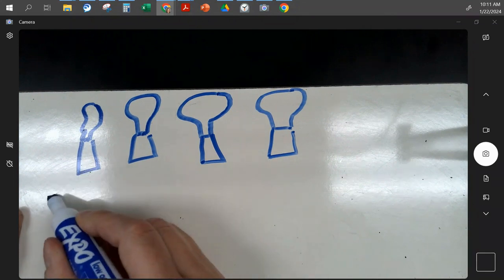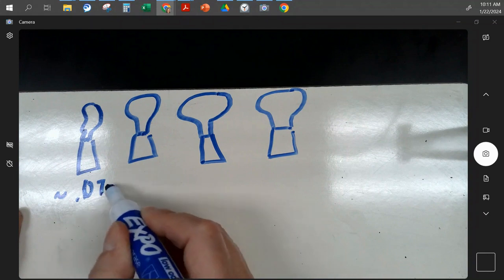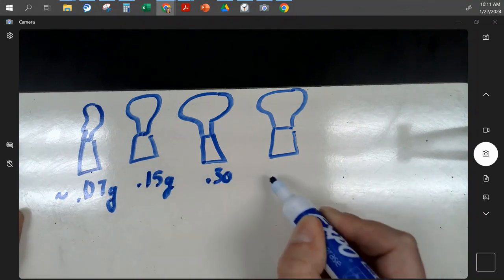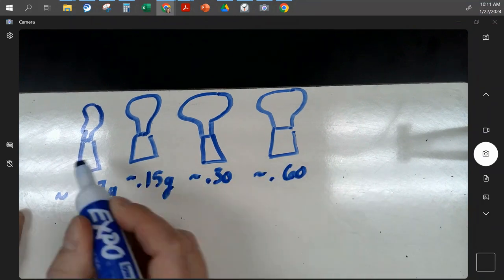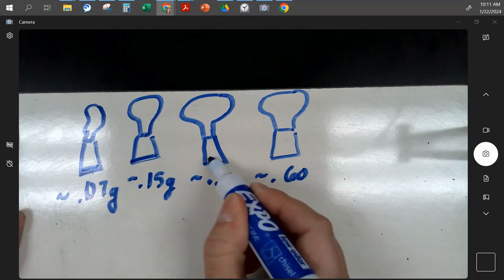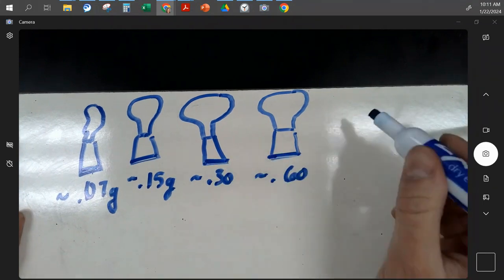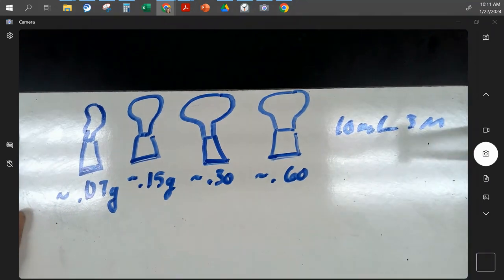So this one we had to put about 0.07 grams, 0.15 grams of magnesium, 0.30, 0.60, about, right? Does that sound familiar? And we put the same volume of 3 molar hydrochloric acid in each of these. It was 10 milliliters. Okay.